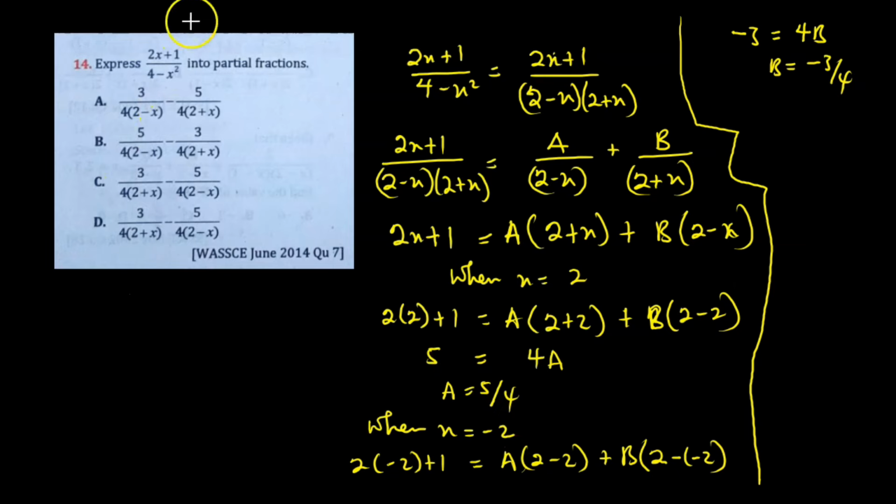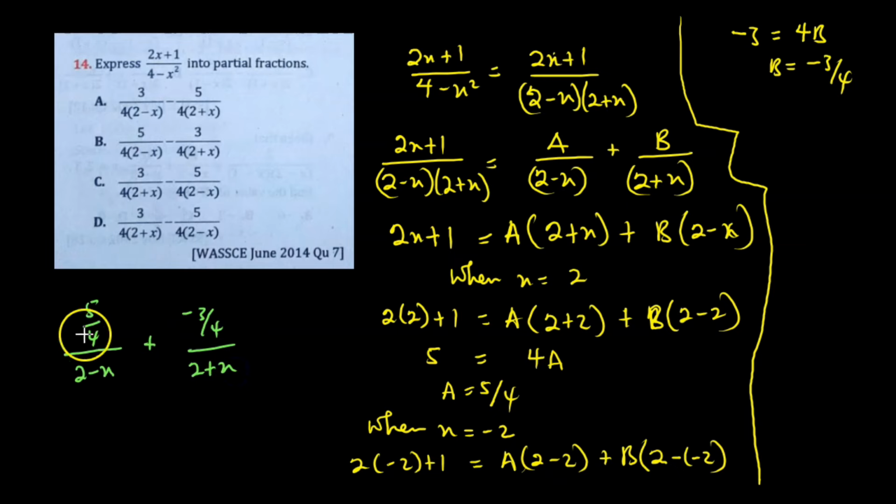So let's substitute it into the decomposition, and that is going to give me A value, which is 5 on 4, all divided by 2 minus x. Then plus B value, which is negative 3 on 4, all on 2 plus x.